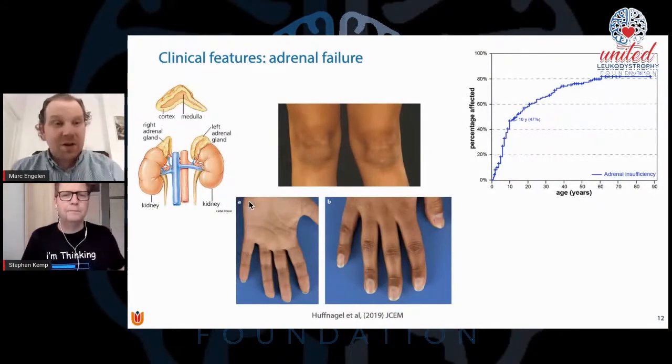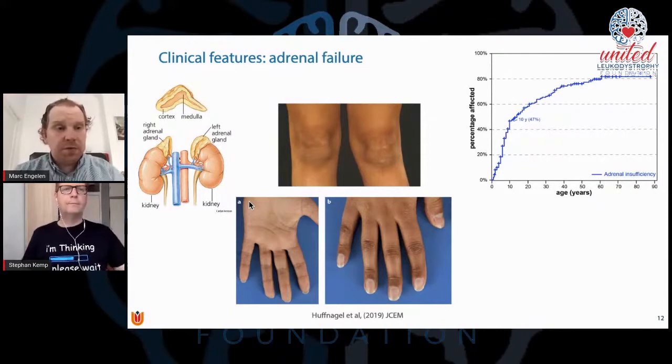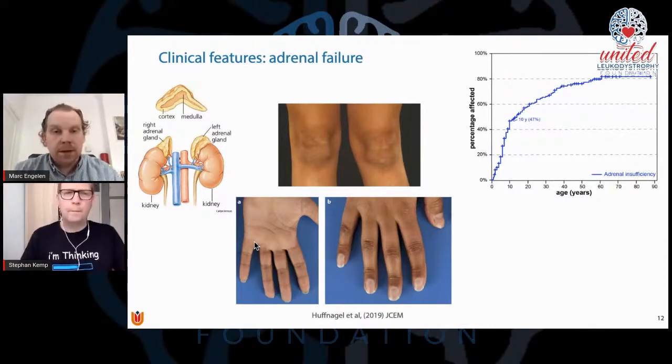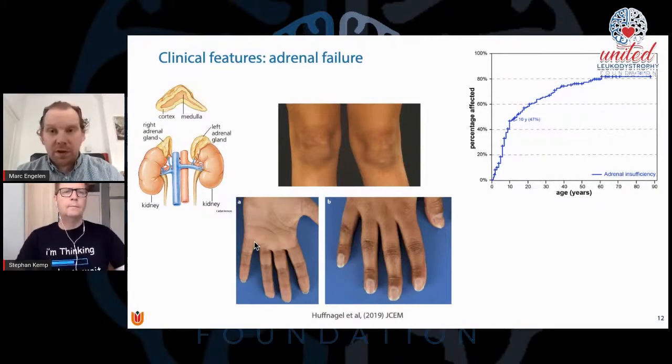Super. All right. So now, the next part of the presentation will look in some more depth at the clinical features of adrenal leukodystrophy in adults. And first, we start with adrenal failure.